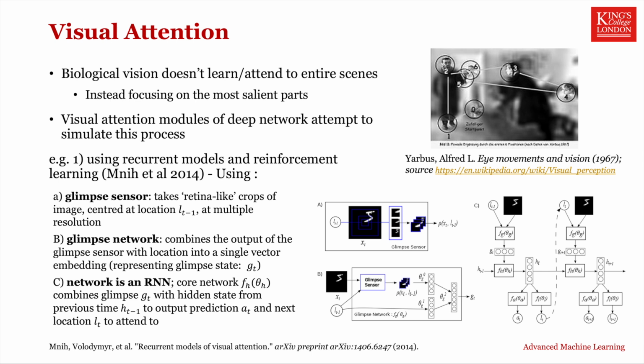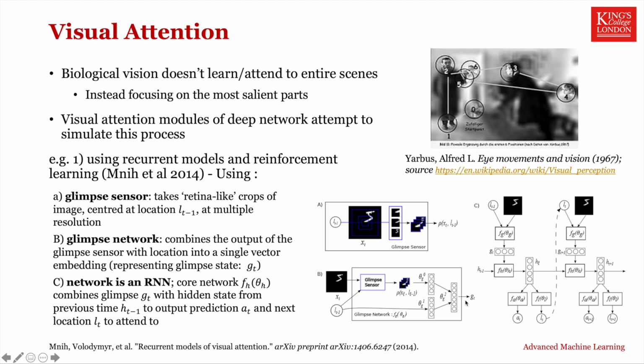This proposed a recurrent approach composed of a glimpse network, which, for a given location l at time t-1, uses a sensor network to crop the image at that location, but at multiple resolutions. These glimpses are then combined with the location and encoded into a single vector embedding representing the glimpse state, g_t.